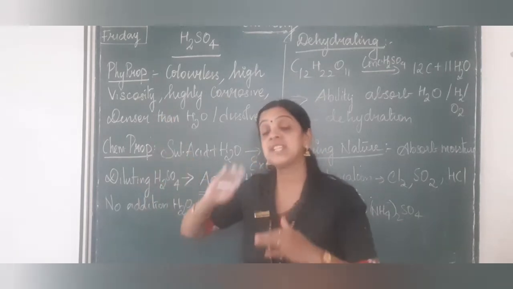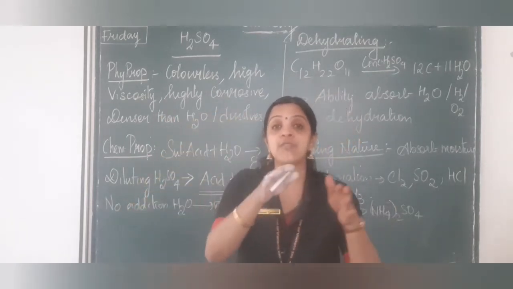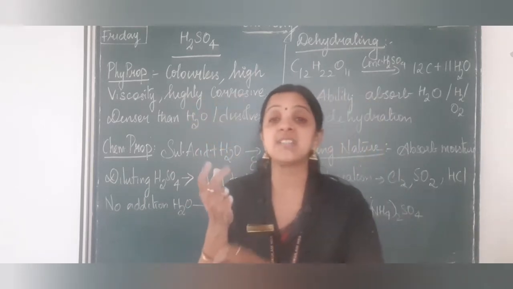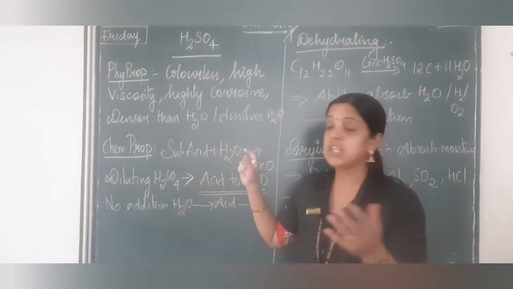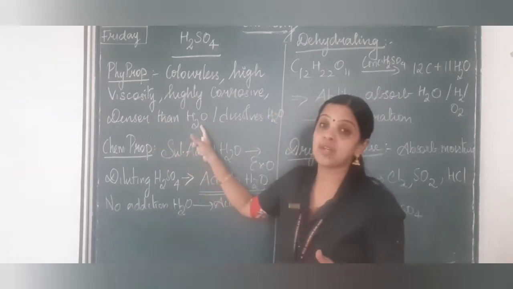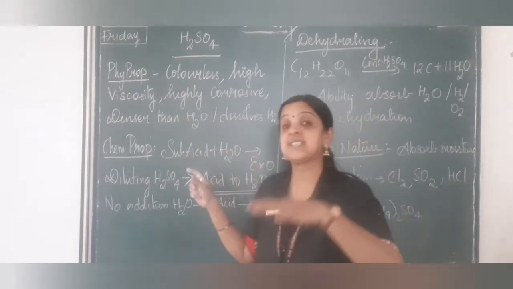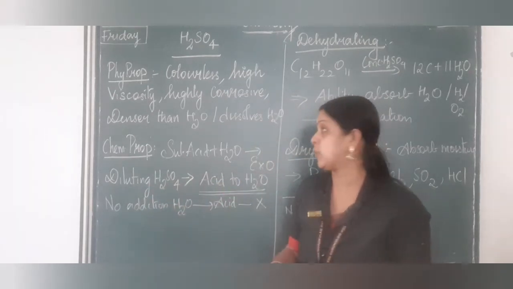So when the viscosity is more, it moves very slowly or it flows down very slowly. Highly corrosive, causes burns immediately when it is poured on our skin or any cloth. Denser than water and dissolves in water. So though it dissolves in water, since it is denser, what happens? Density is very high, so it will be in the water only.